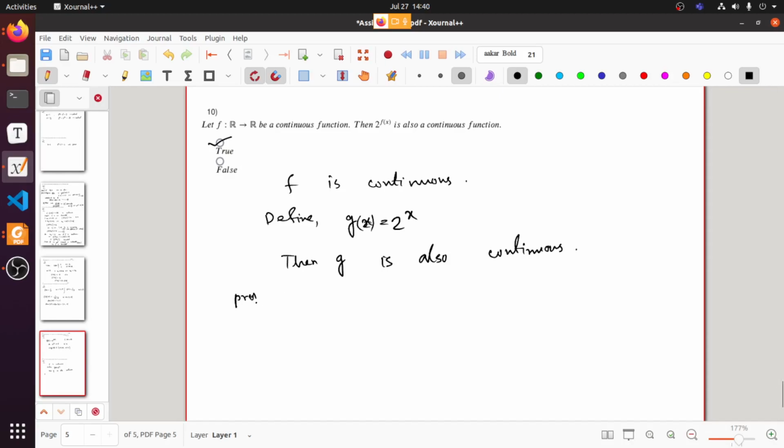This is one property, and you can easily prove that the composition of two continuous functions is again continuous.